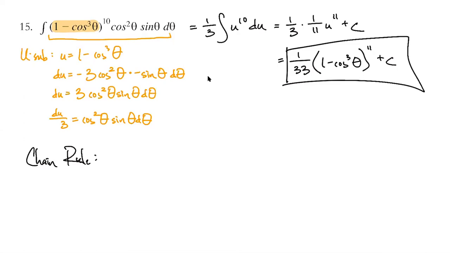It might be intimidating because you have this whole other piece here, and you're like, how am I going to get rid of all of this? But if you take your derivative of 1 minus cosine cubed theta, let's write it like this: 1 minus cosine cubed theta is the same as 1 minus cosine theta cubed.